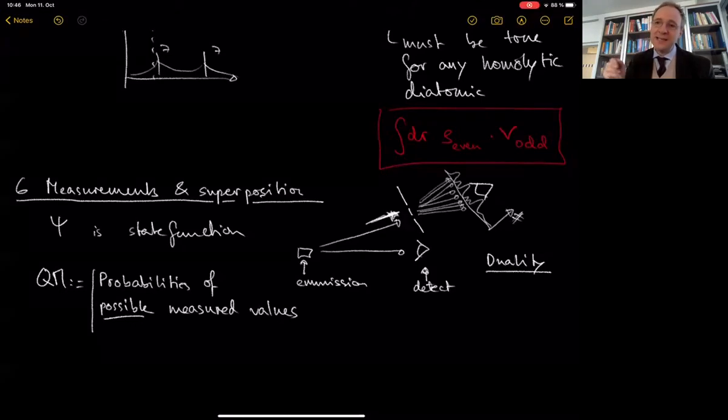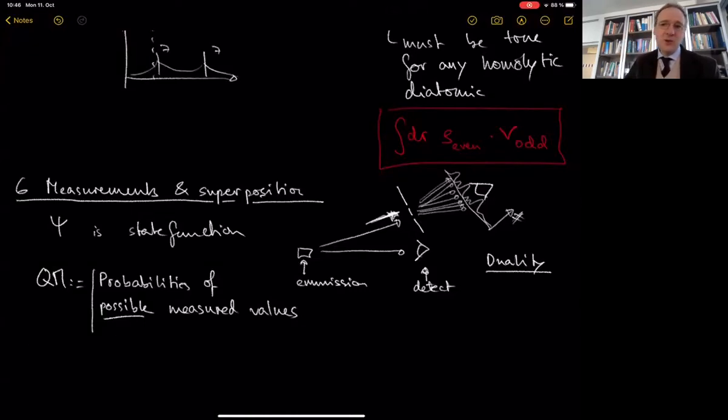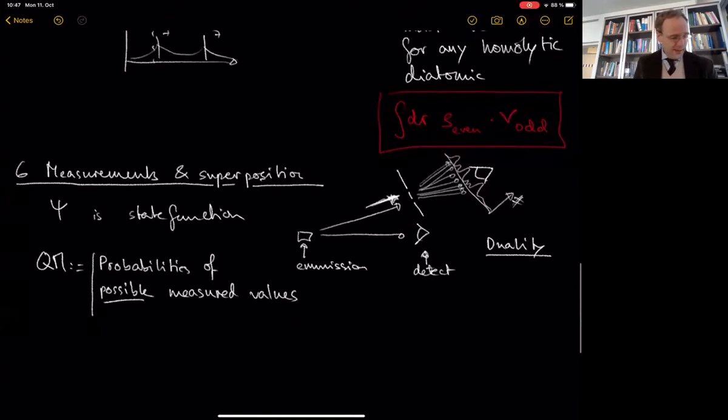If you do it many times, you know how they will distribute. This is very solid. But any single one, we do not know where it will go. And that's the picture of the cat. You will not know if the cat will be dead or alive. So it's about this probability of being either dead or alive.